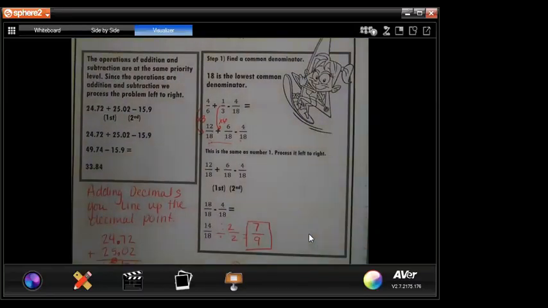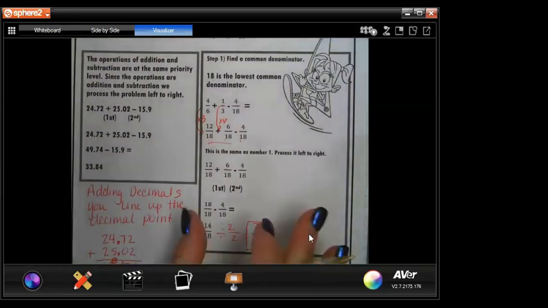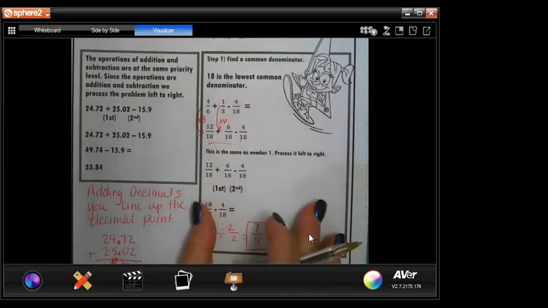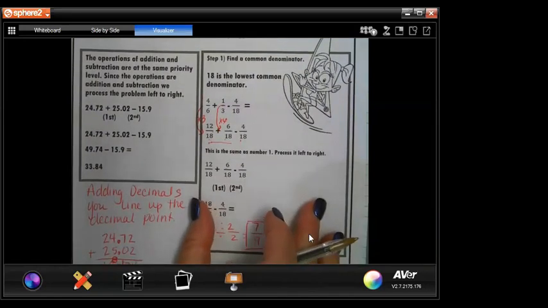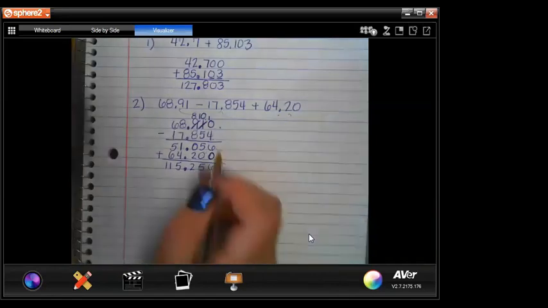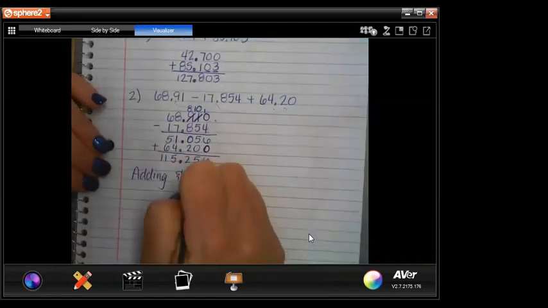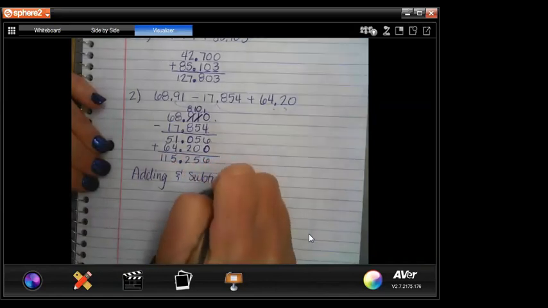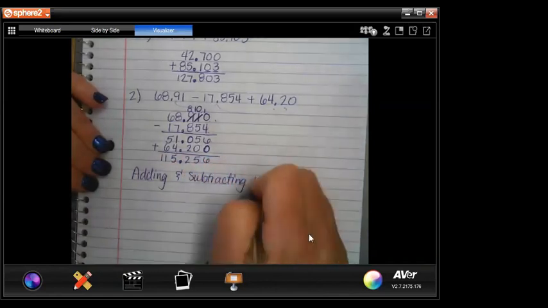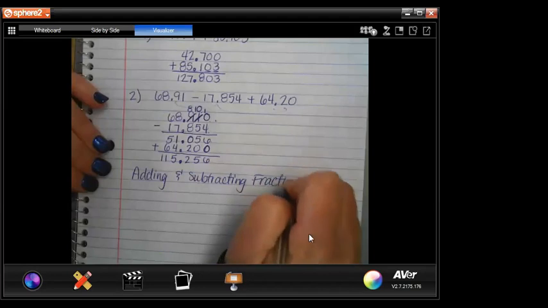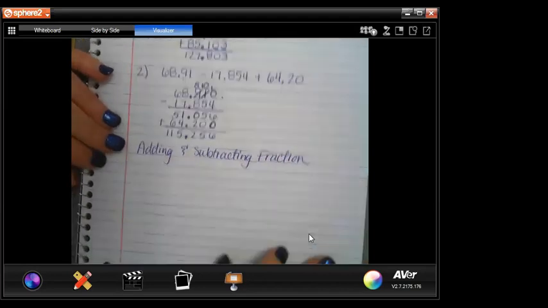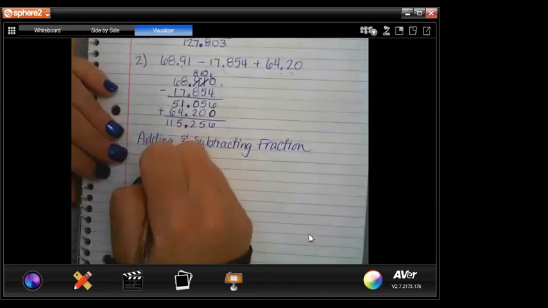All right, so now that I feel really good about how you guys were able to add and subtract decimals, let's talk about adding and subtracting fractions. The key thing about adding and subtracting fractions is this.